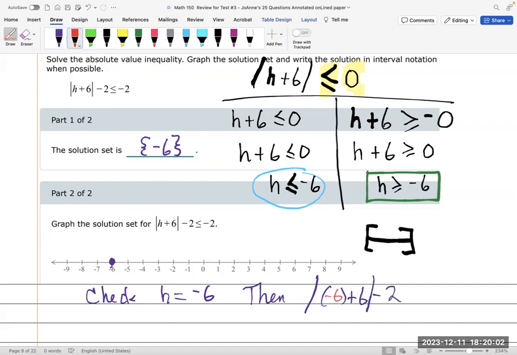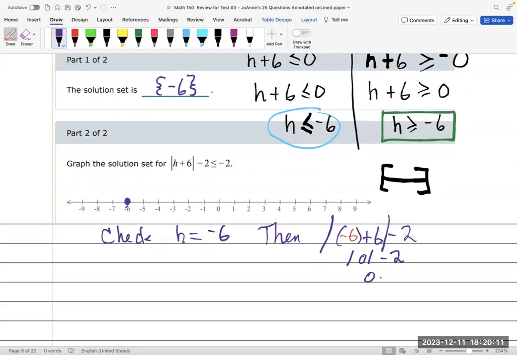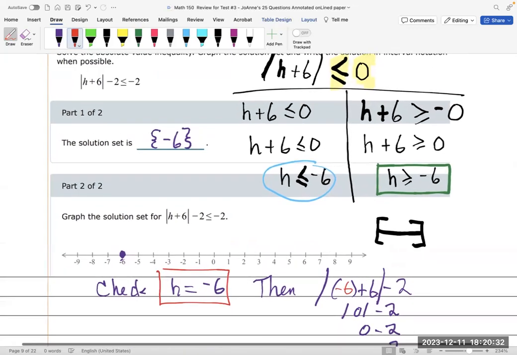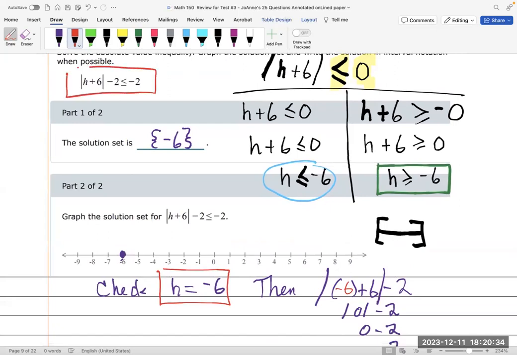So if I put a -6 in there, I would then have the absolute value of 0 minus 2, which is 0 minus 2, which is -2. Note that -2 is less than or equal to -2. That is true. So h equal to -6 is a solution to our original equation that they gave us.